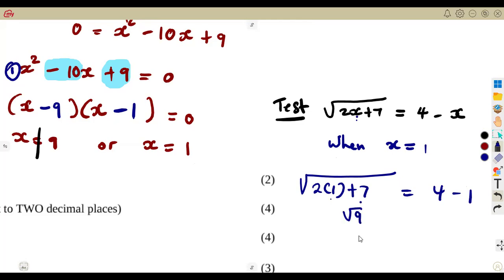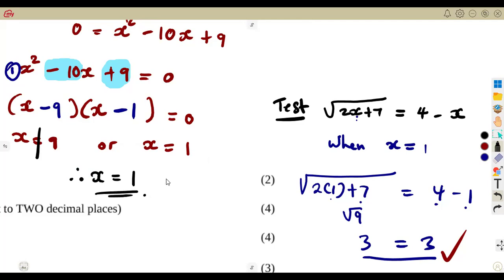So I've got the square root of 9, which is 3. Is 3 equal to 4 minus 1, which is 3? Yes, 3 is equal to 3. The left-hand side is equal to the right-hand side. This is exactly what we want. So this is the solution that we are going to have at the end. Therefore, our x in this case is equal to positive 1.